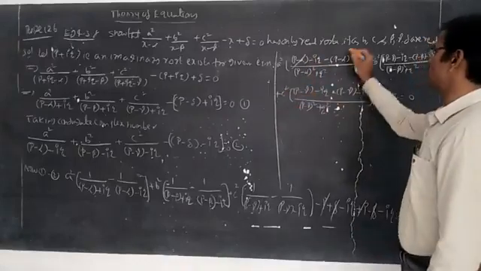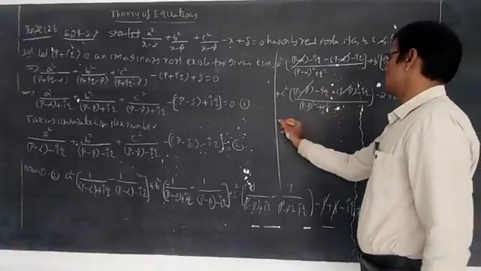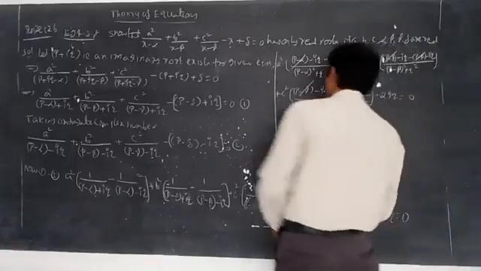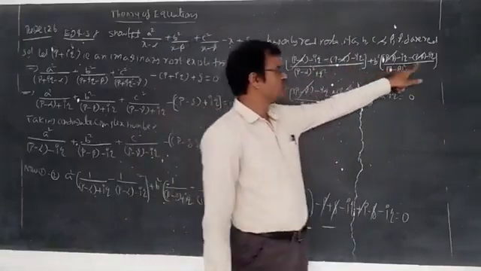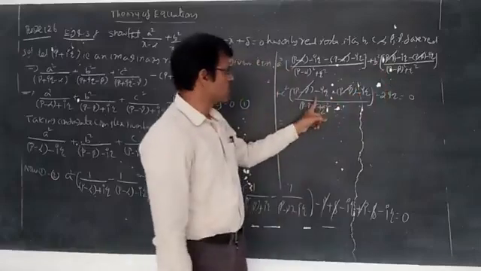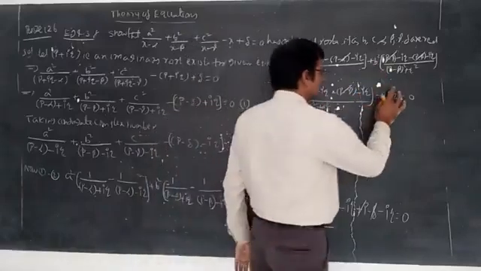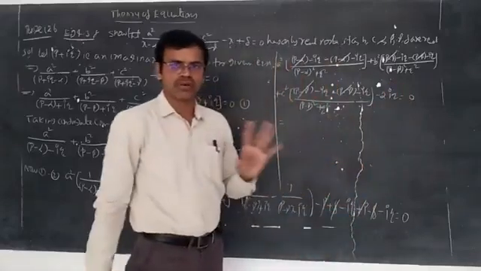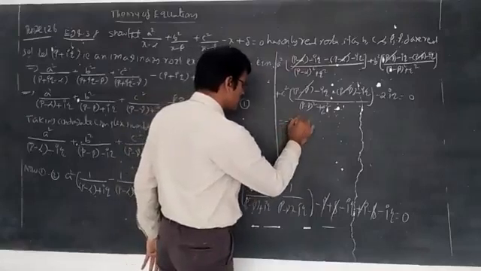Now p minus alpha, p minus beta and p minus gamma get cancelled. You get minus 2iq in each term, so for all 4 terms take a common minus 2iq.